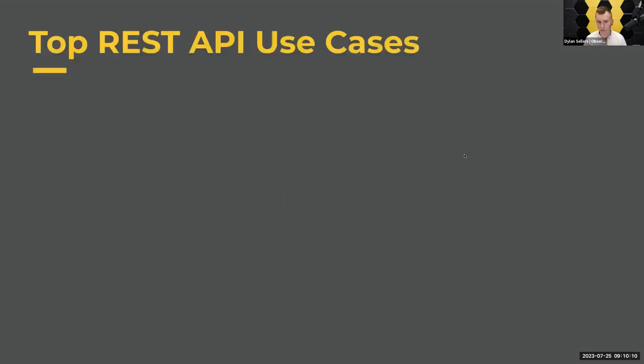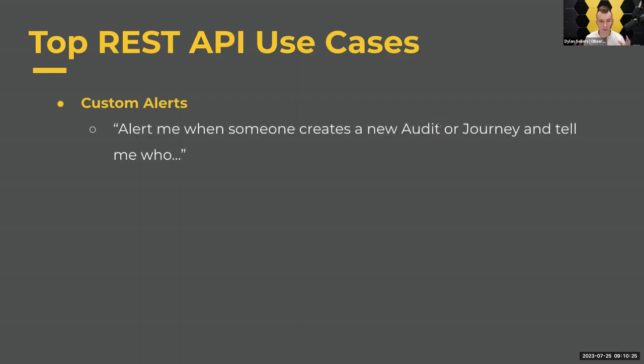Now let's talk about some of those top API use cases. We use the word REST API, just a fancy term for APIs that are available for consumption by our users. So one of those is custom alerts. We have done a lot to add new types of alerts throughout our platform, but we haven't covered every edge case on the planet.